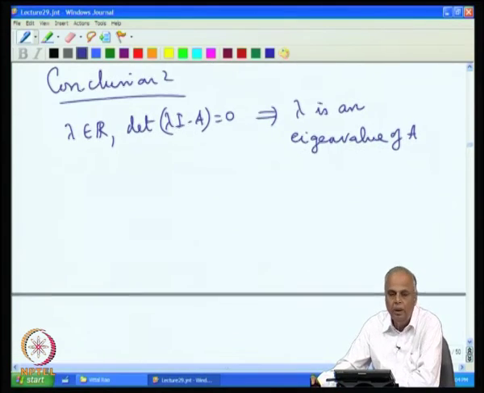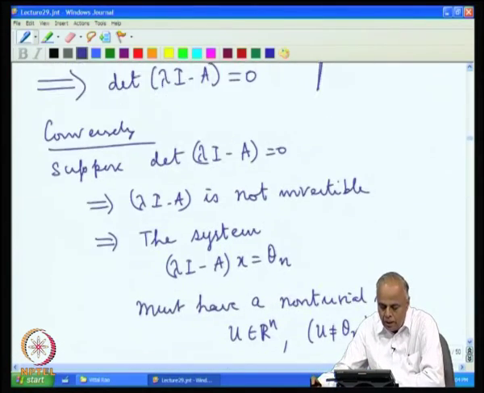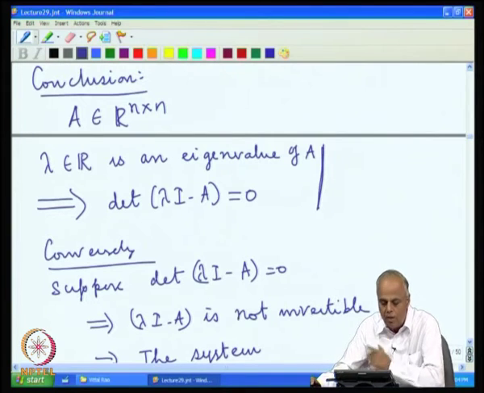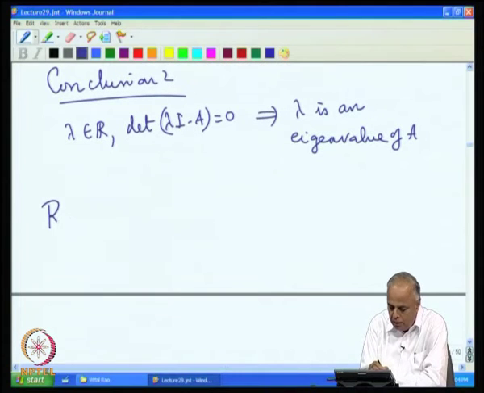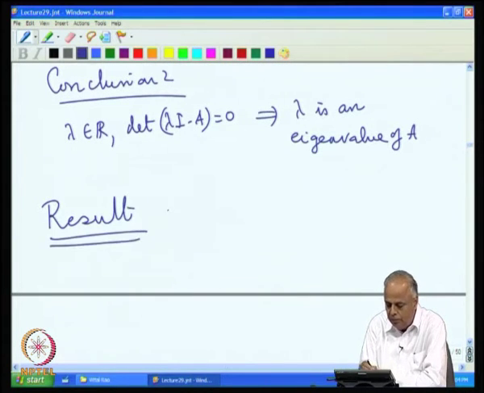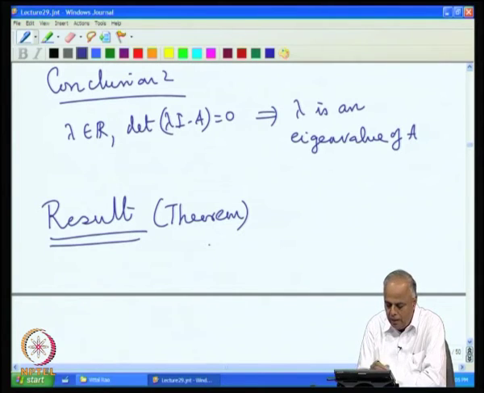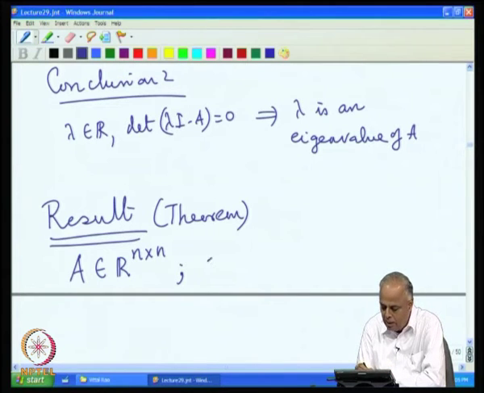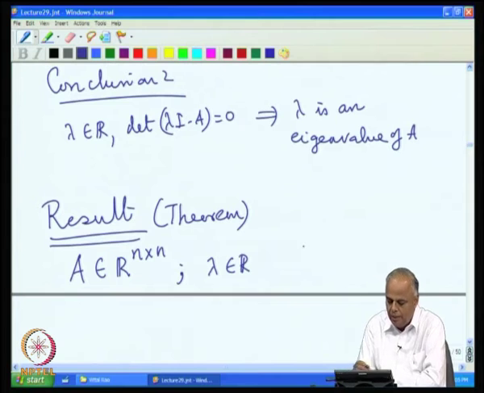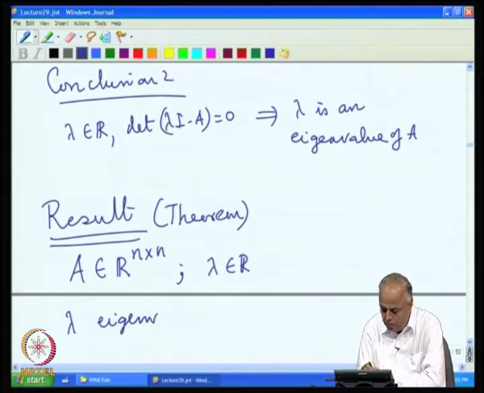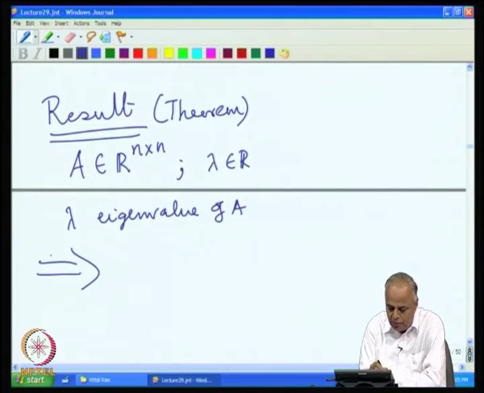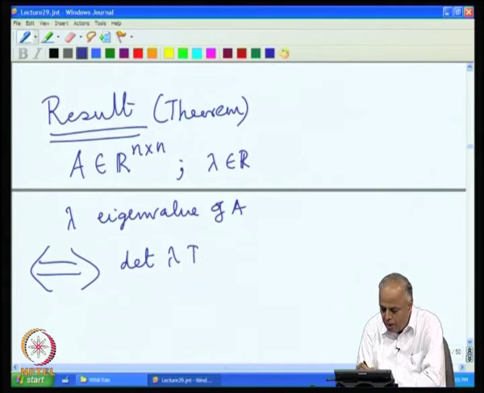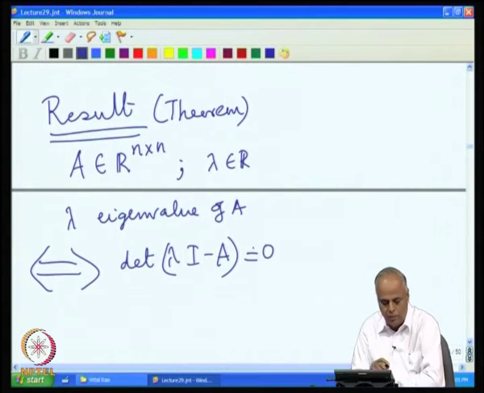Now, comparing conclusion 1 and conclusion 2, we see that each is the converse of the other, and therefore, combining these two we get the important result or theorem, namely that if A belongs to R n cross n, A is a real n by n matrix, and lambda belongs to R, then lambda is an eigenvalue of A if and only if determinant of lambda I minus A equals 0.